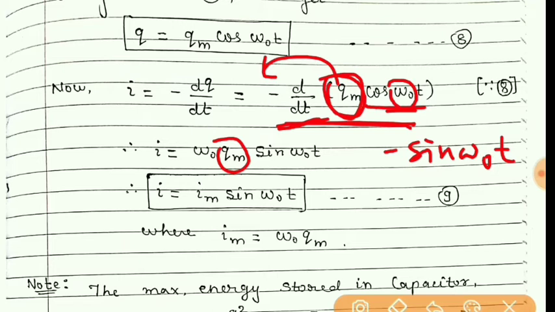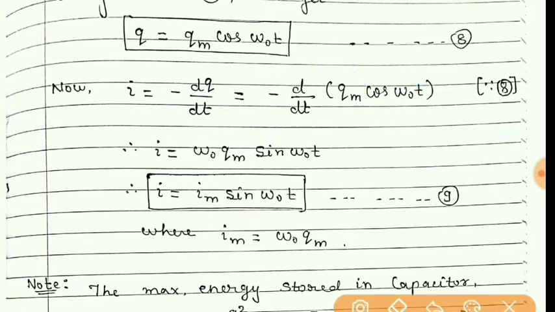So you can see once again here, qm is taken out, and differentiation of cos omega t is minus sine omega t. Here already there was a minus, and now minus sine omega t, so minus into minus will become plus, and this omega naught is to be multiplied according to the chain rule, that is here.